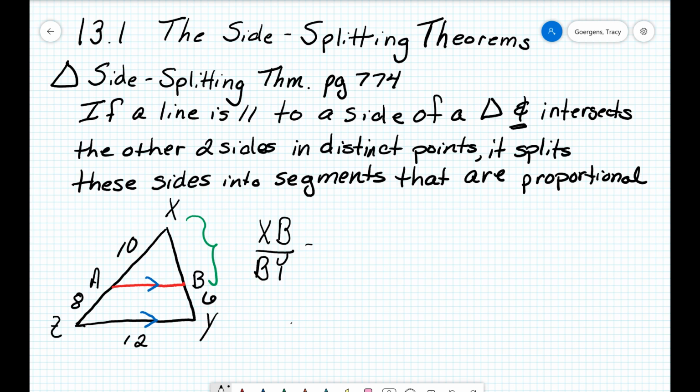And that's going to match up to, are you ready for this, XA on this side. This one's on top here, so we're going to put XA on top here. And then down here we have BY, and it's going to be proportional to AZ.